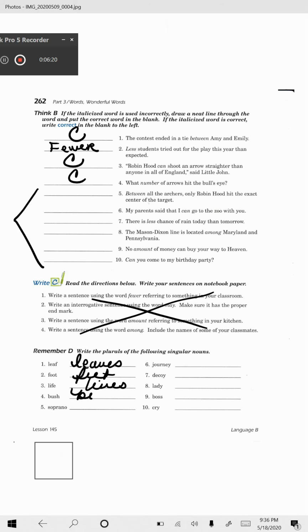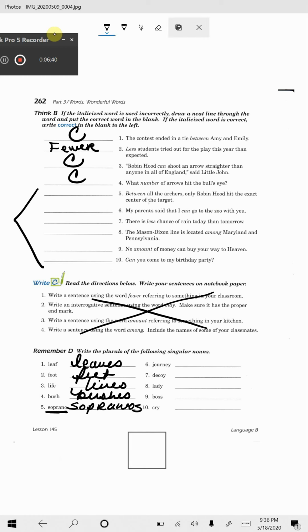Bush and bushes. Soprano. Now, things that end in an O a lot of times have the ES, but in musical terms, you just add an S, and soprano is a musical term. So you just add an S. Journey, a Y with a vowel before it, you just add the S.